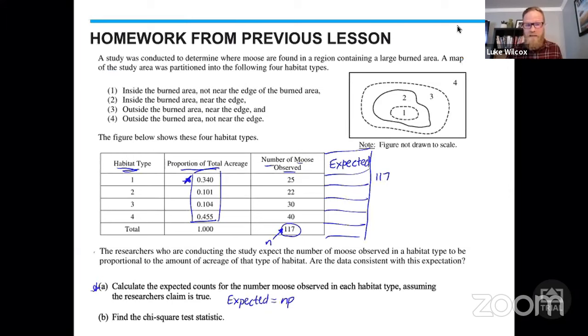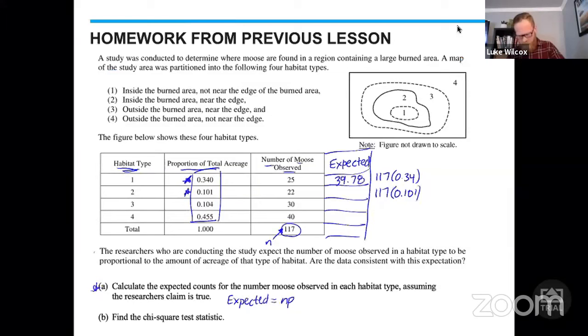So for habitat type number 1, we think 34% of the moose should be in that habitat type. So I'm going to multiply that by 34%, 0.34, and I get 39.78 as the expected value. Now moving into habitat type 2, we still have 117 as n, our sample size here, but now the proportion is 0.101.